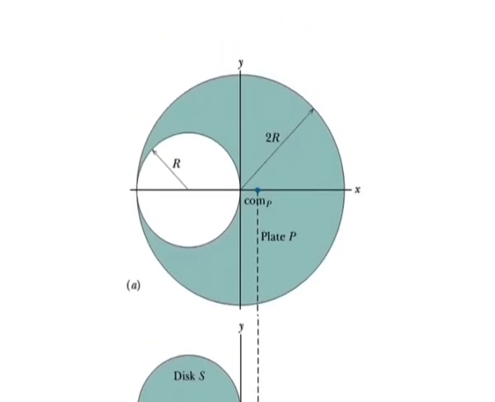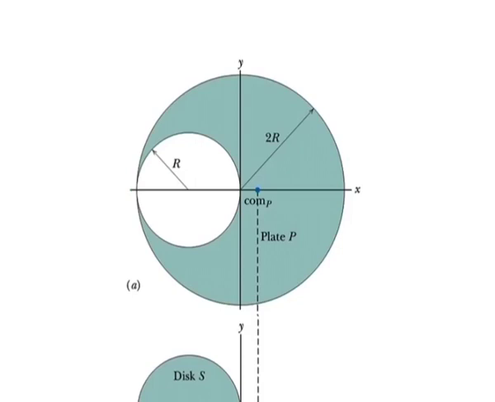To solve this, let us roughly locate the center of plate P by using symmetry. Note that the plate is symmetric about the x axis. Thus, the center of mass of the plate must be on the x axis.